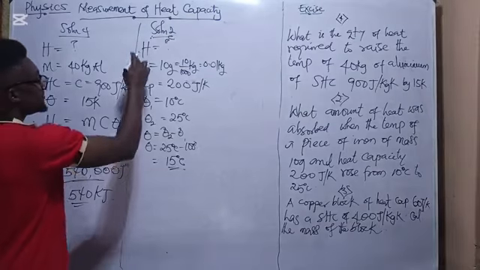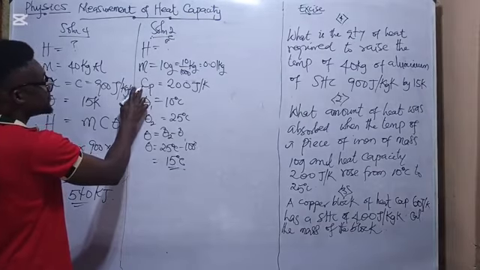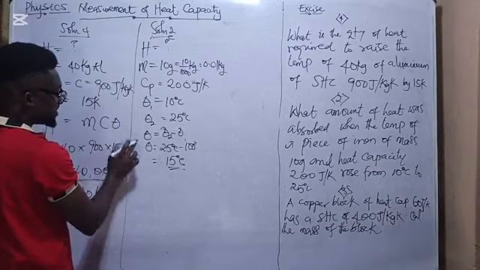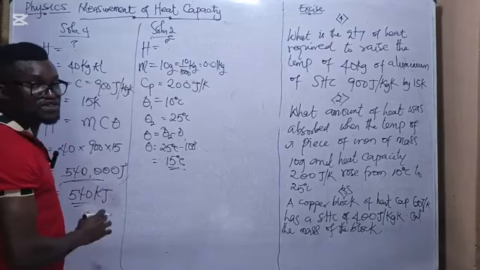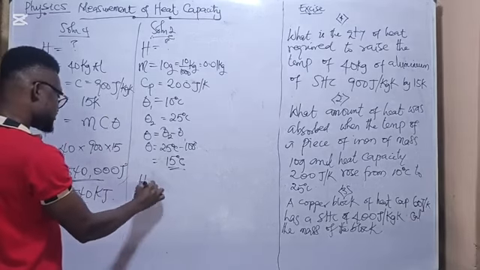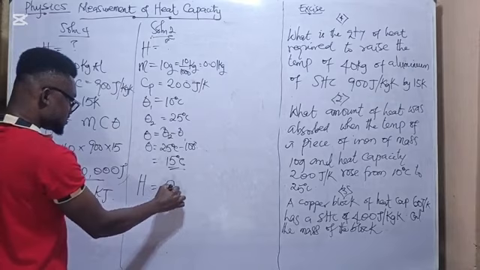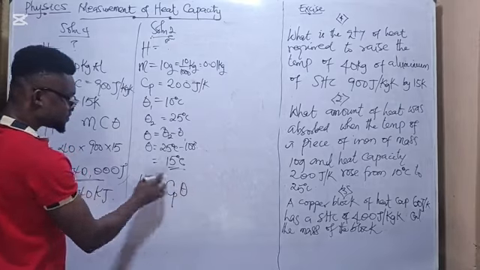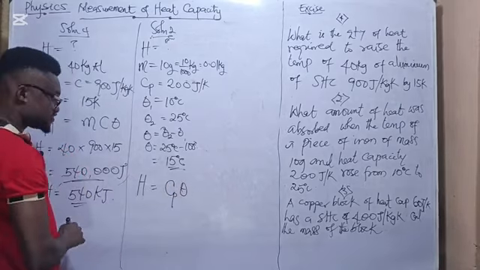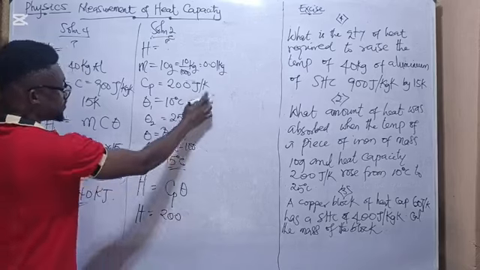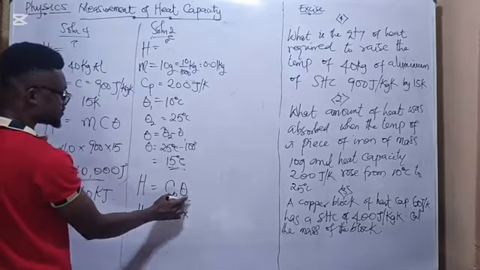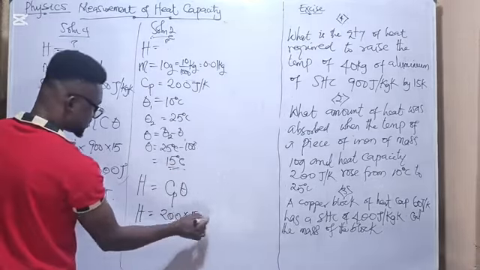So from here, we have the heat capacity, we have the mass, we have the temperature change. Now, because the heat capacity was given, you work with this very formula, which is heat capacity times temperature change, okay? So here we have the quantity of heat to be heat capacity, which is 200 joule per Kelvin, times the temperature rise, which is 15.